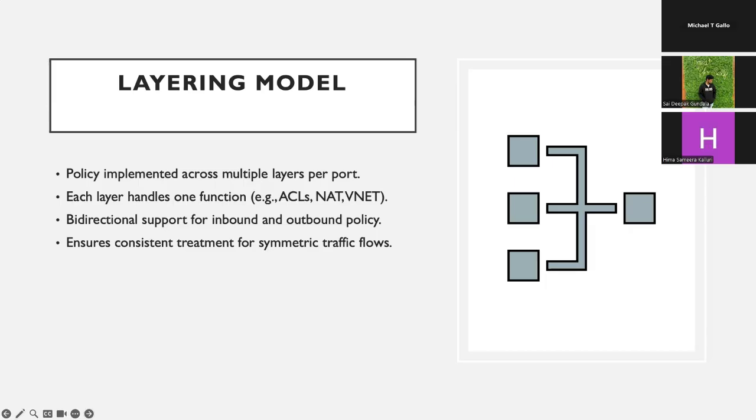This separation makes the system more scalable and easier to debug. The novel contribution of this layering model in this particular paper is that it enforces a multi-layer SDN control plane that is both modular as well as bidirectional, which is something prior systems like OpenFlow lacked.